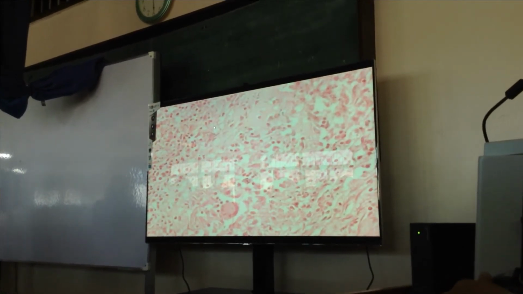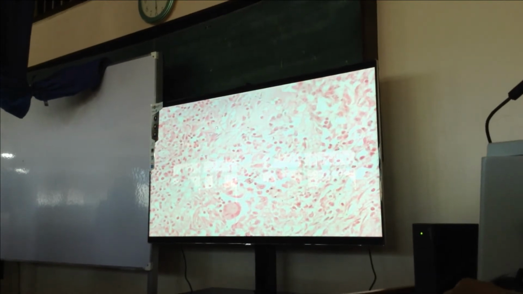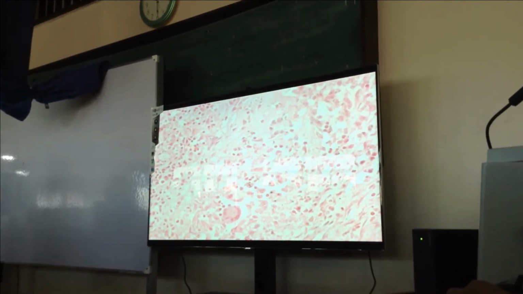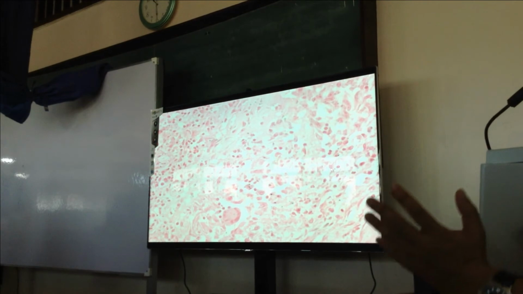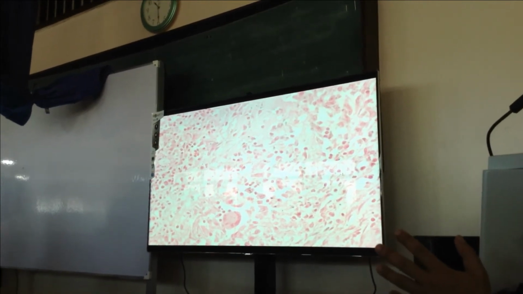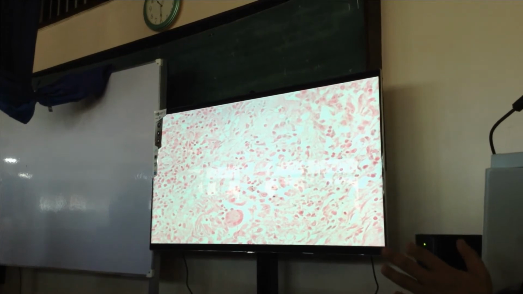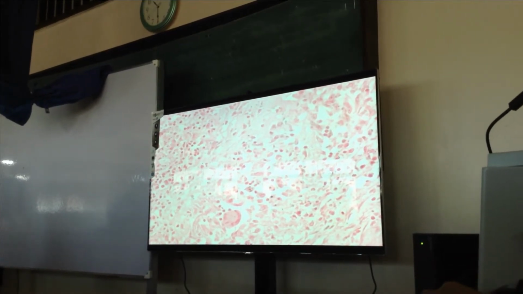It is an inflammation which is characterized by the infiltration of particularly what type of macrophages? Activated macrophages, or the epithelioid macrophages. Now, activated, or more commonly they are called epithelioid macrophages. Okay, normally that is the appearance of a regular macrophage and a lymphocyte. That pointed cell is a lymphocyte, and that cell pointed is a regular macrophage.